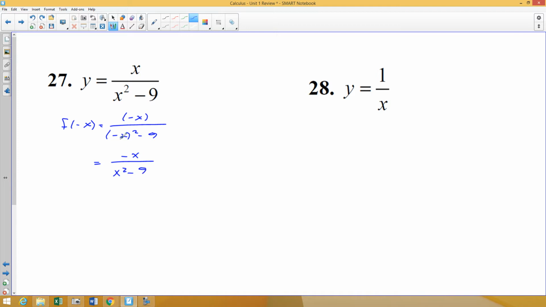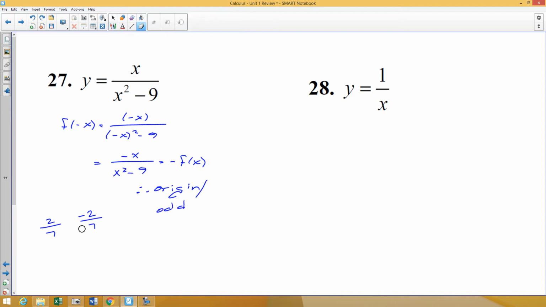And in the case of a fraction, notice my bottom stayed the same, but my top did change. If you take any fraction and you only change the sign of the top, so if I take 2/7 and I change it to -2/7, those are opposites. So this actually is the same thing as the opposite of f of x, which makes this thing origin or odd.